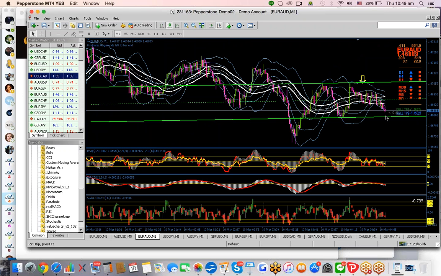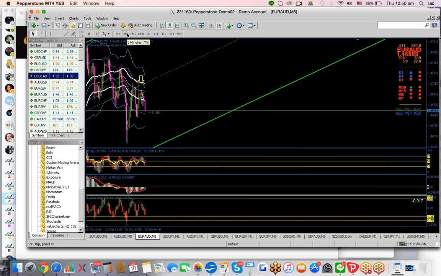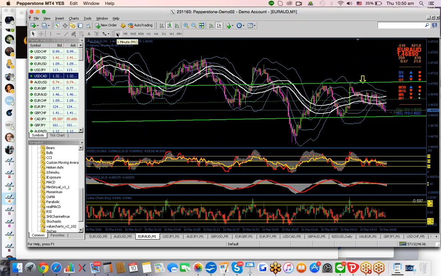I think it's gonna go lower. It might not. It looks like it will go lower. Might as well wait till it hits this line.